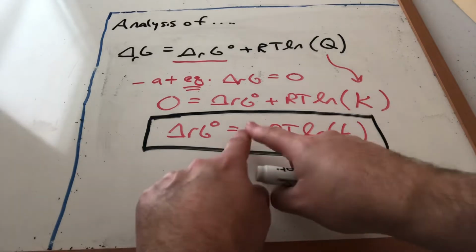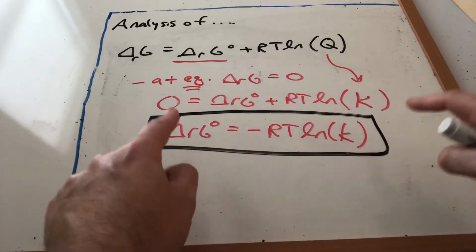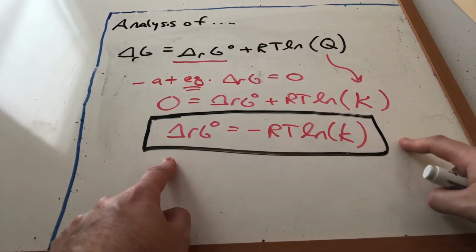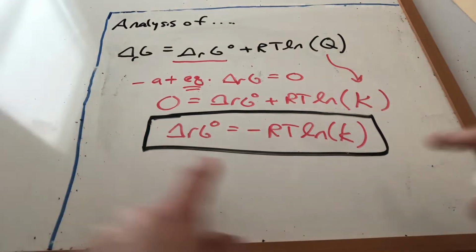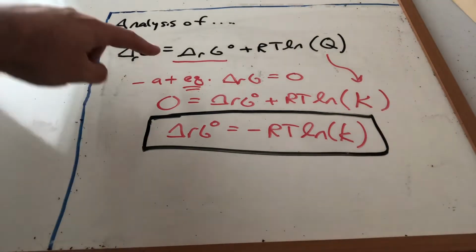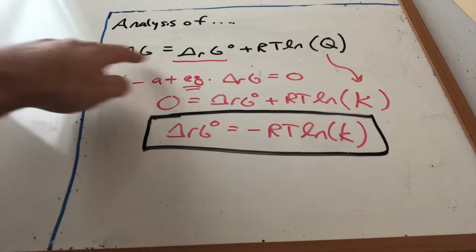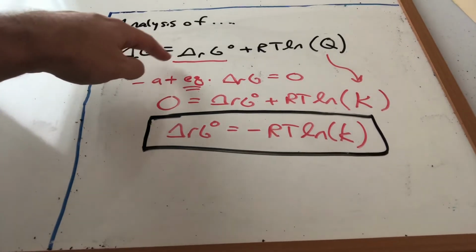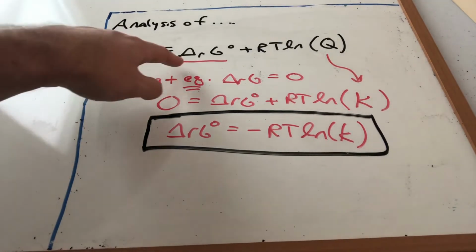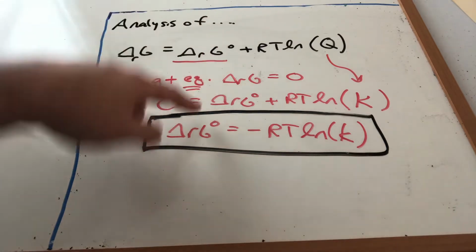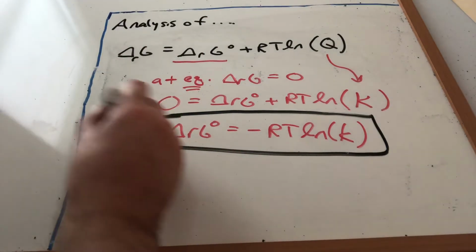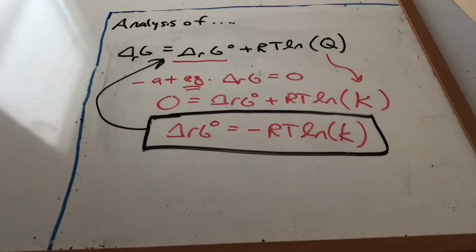So with this as a mathematical formula we can use, let's analyze this in the context of introducing K, because what we see inside here, for our delta reaction G, is this delta reaction G naught. Oh, I can just do this substitution right in there.